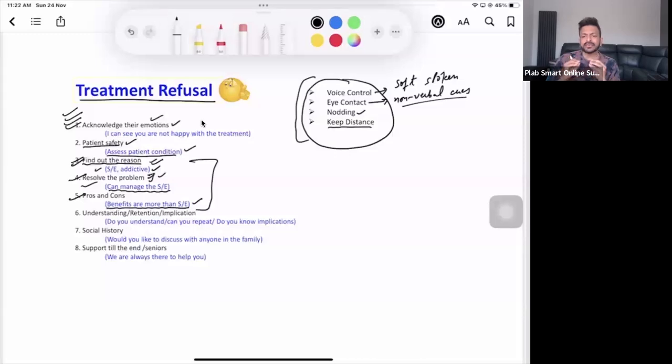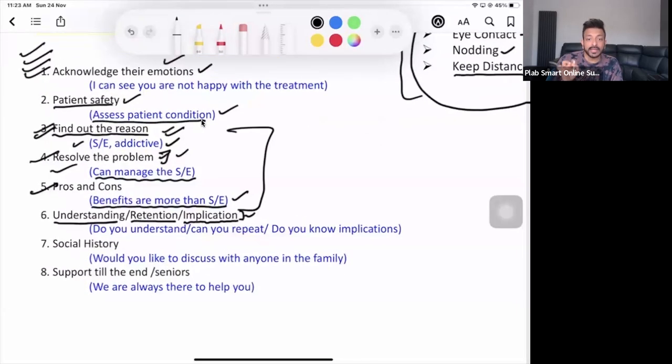But here, in very simple language, how can I check the competency level of this patient, whether this patient knows the implications or consequences of their decision or not? So you need to check if they have got the understanding, if they can retain that information, and if they know the most important point, the consequences or the implications of their decisions.